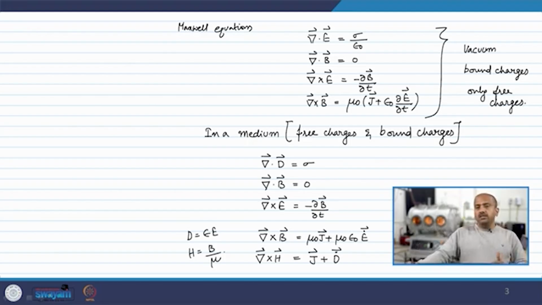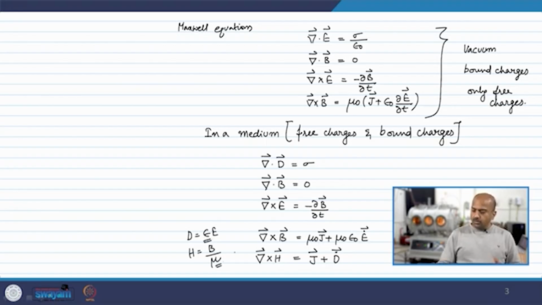So, the bound charge and the current densities, that means bound charge density and the bound current densities that arise from polarization and magnetization are included into these equations in terms of capital D and capital H and epsilon and mu.